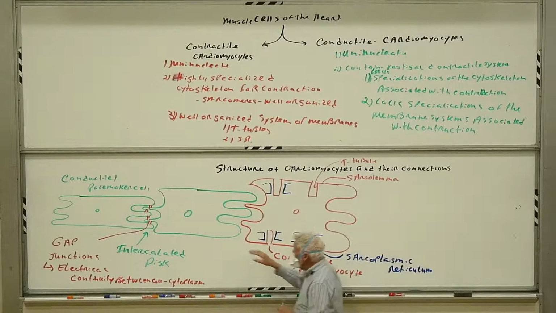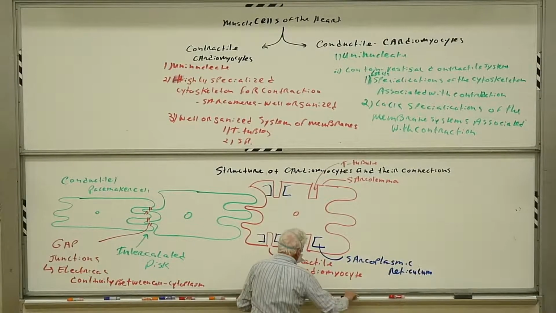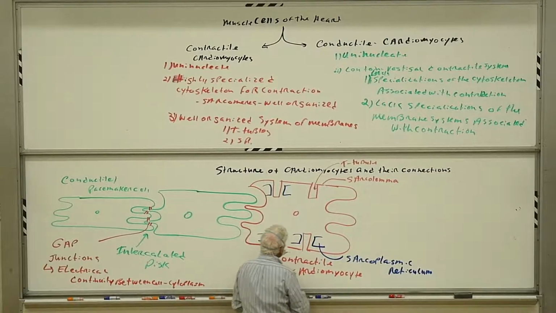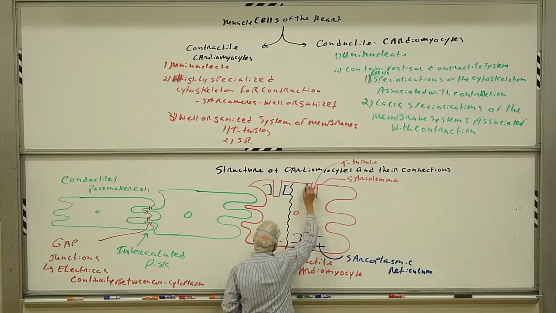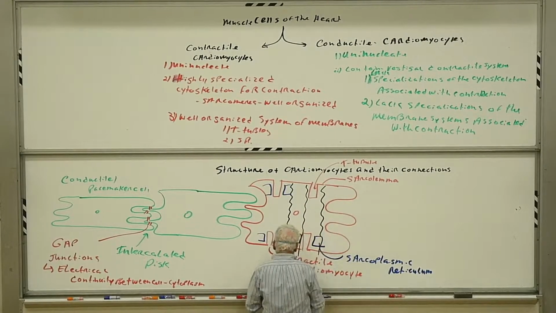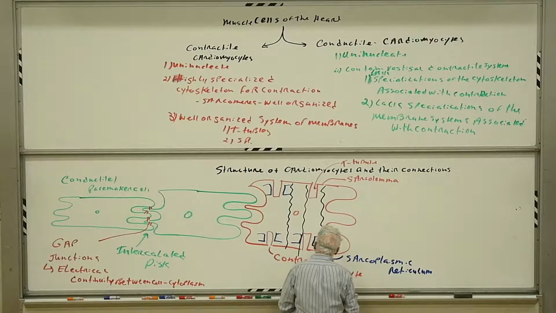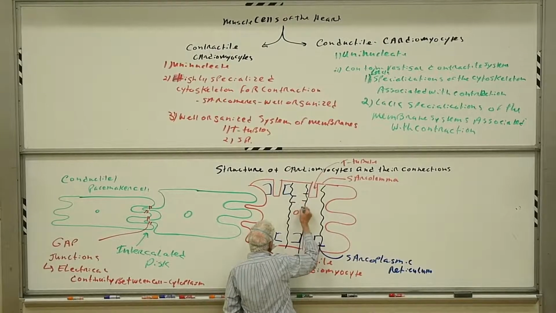Now, whereas these green cells lack much in the way of cytoskeletal organization, when we look at these contractile cells, we're struck by the fact that there are these Z lines. And just as we saw in skeletal muscle, those Z lines are made of alpha-actinin, which is an actin-binding protein.